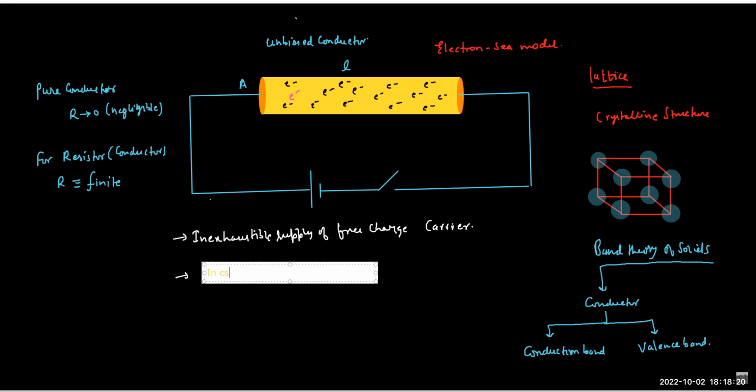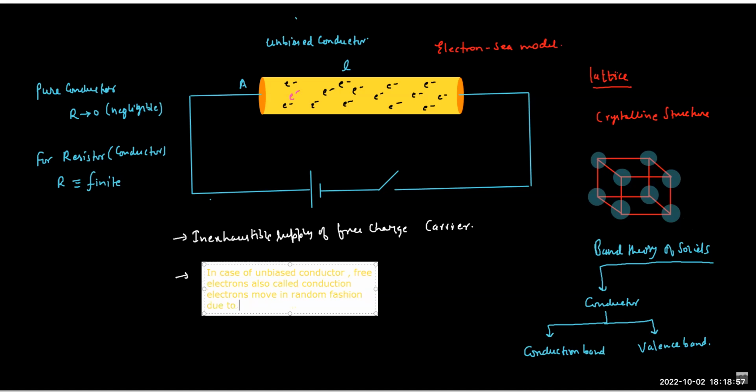In case of unbiased conductor, free electrons, also called conduction electrons, move in random fashion due to their own thermal energy.